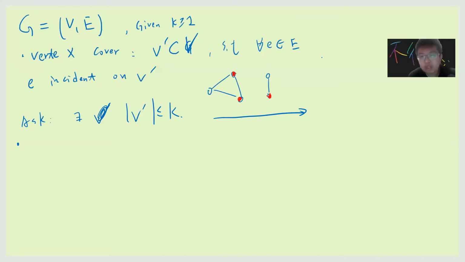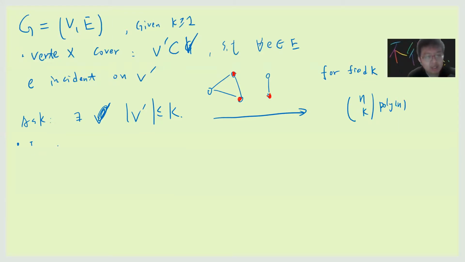The reason is that for a fixed k, you can just choose k vertices out of n and check in polynomial time. So for each fixed k this is definitely polynomial time. But if k can be arbitrary from 1 to n, then it may be exponential.